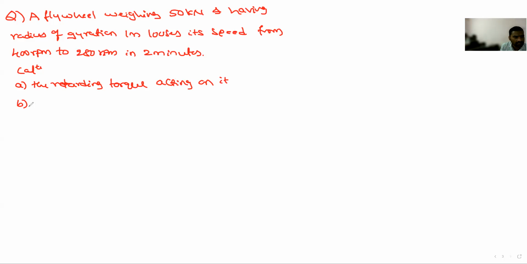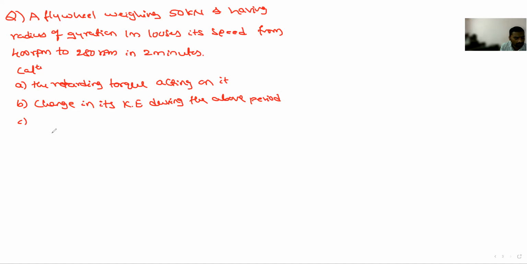Then change in its kinetic energy during the above period.